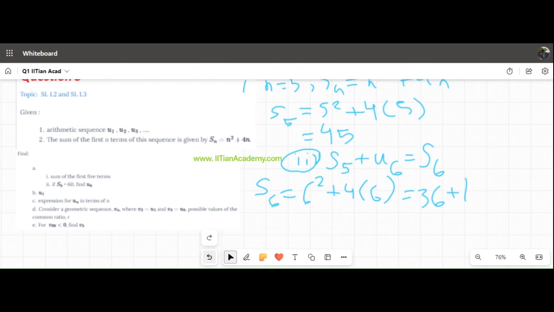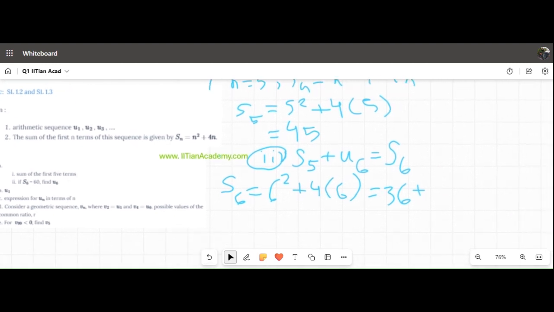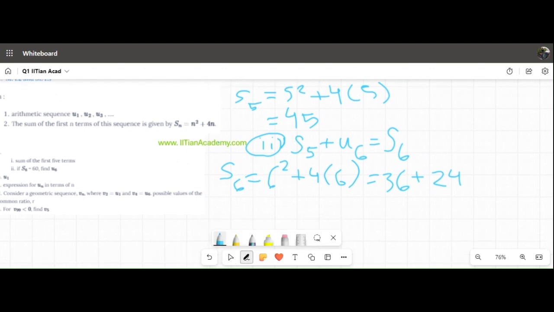Nope, sorry, that is 24. 36 plus 24. And if we calculate, we know 36 plus 24 is equal to 60.